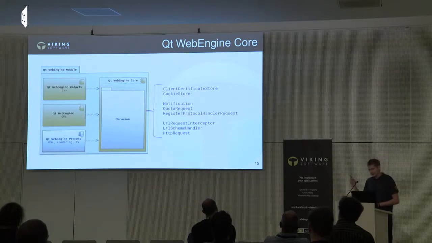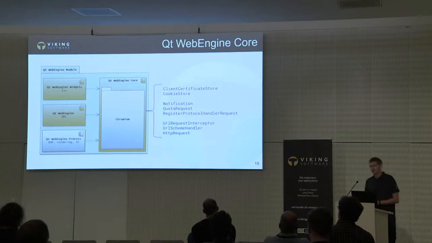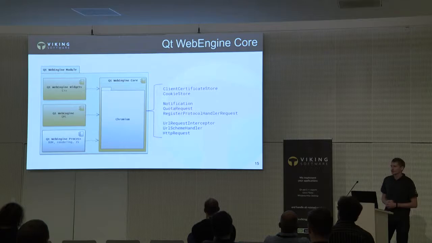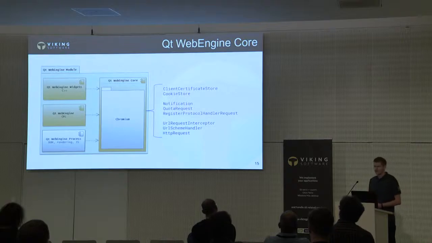And this in-memory client store is a way to configure your application. Cookie store can be used to synchronize cookies between Chromium and the Qt Network Access Manager, if you need this for any reason.